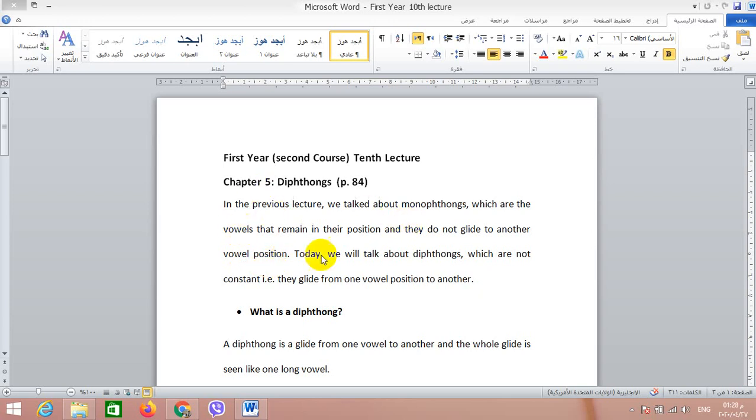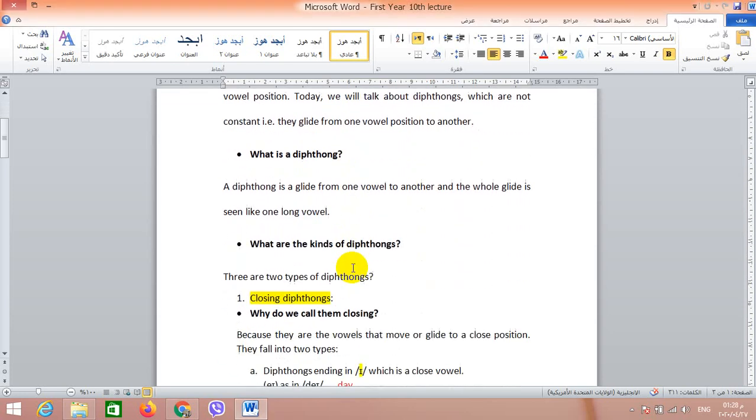But in diphthongs, we have a glide from one vowel position to another. This is the basic difference between monophthongs, which are fixed in their positions, and diphthongs, which glide or move from one position to another.